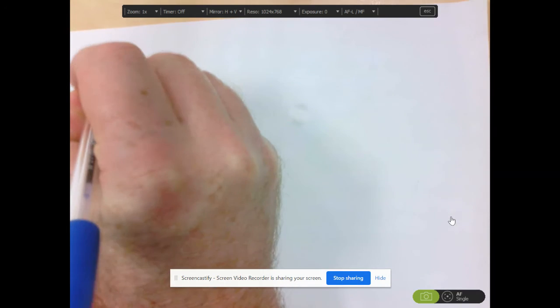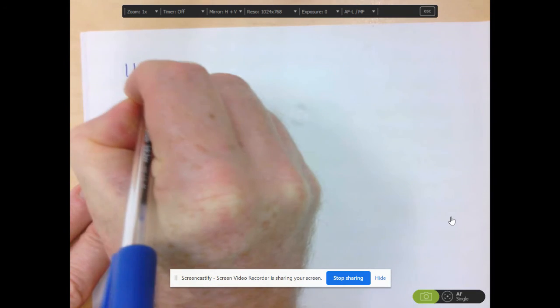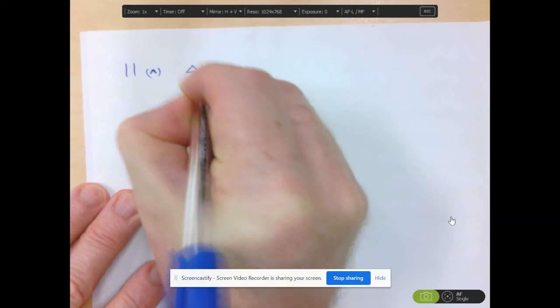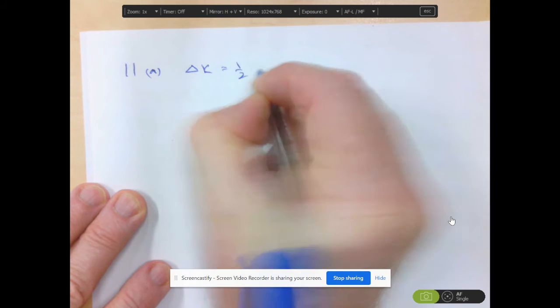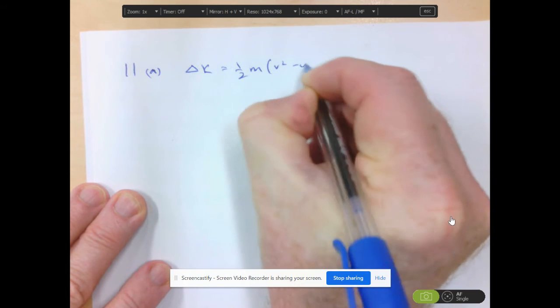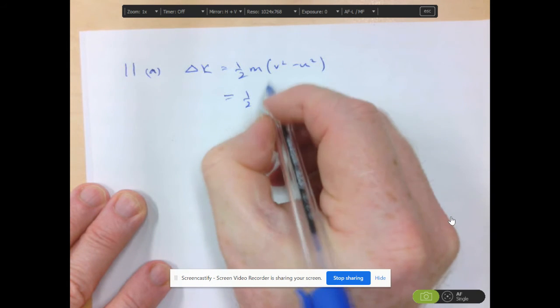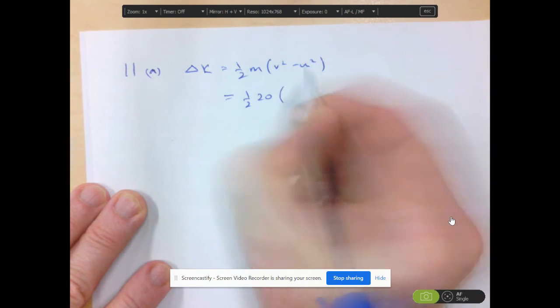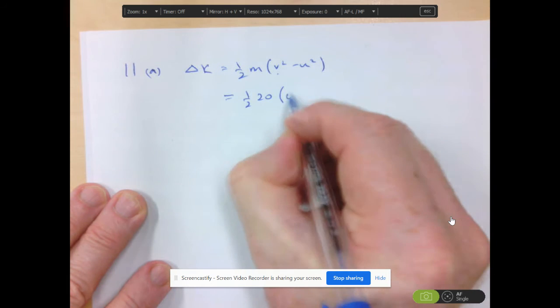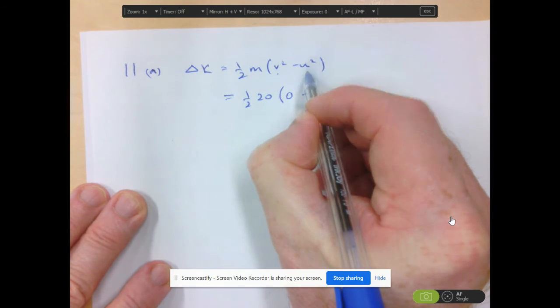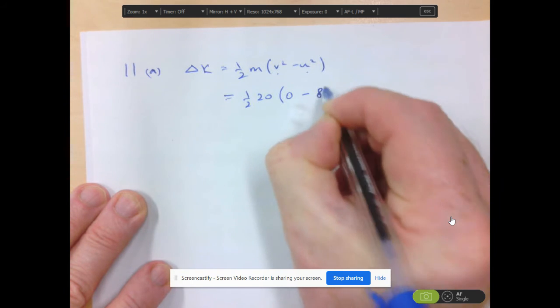So the first thing it asks to do, for 11a, is to find delta K, which is a half m v squared minus u squared. So it's a half. The mass of this box is 20 kilograms. The final velocity is 0, and the initial velocity is 8 squared.